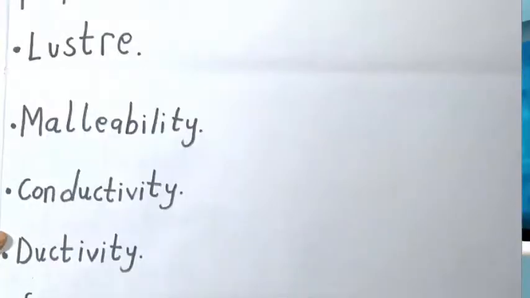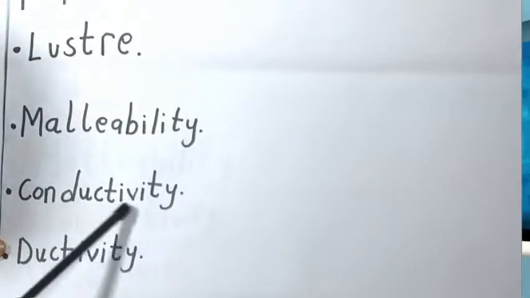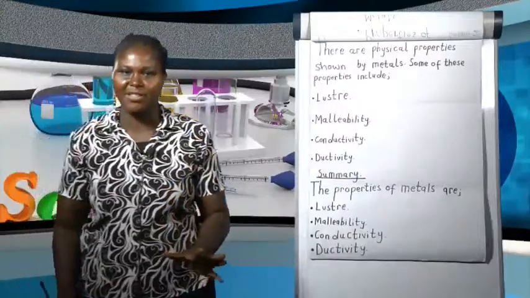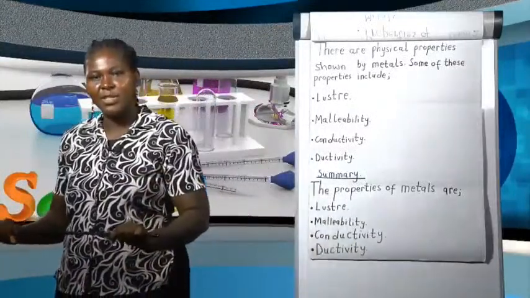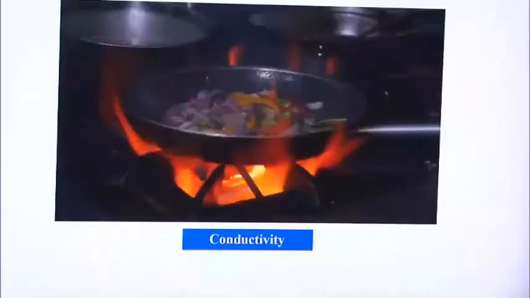Children, let's look at another property, and we call it conductivity. And what do we mean by conductivity? Now, when you go to your mother's kitchen, you see that your mother will put water on fire or food on fire. And for some time, you will see that the food is ready.